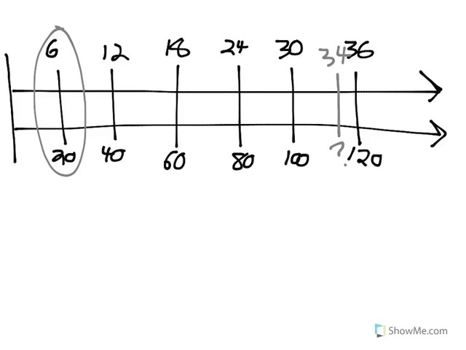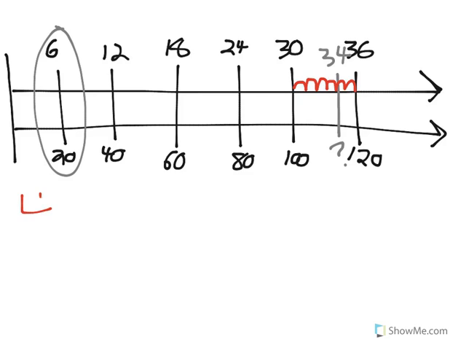So what is equivalent to 3 to 10 if we have 34 to something else? Well, let's figure out how far this is between here. It looks like it's 1, 2, 3, 4, 5, 6. It looks like 34 is 4/6 of the way from 30 to 36.